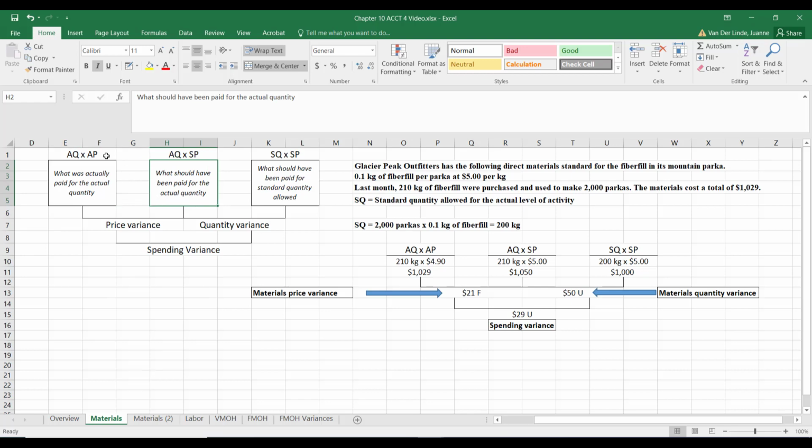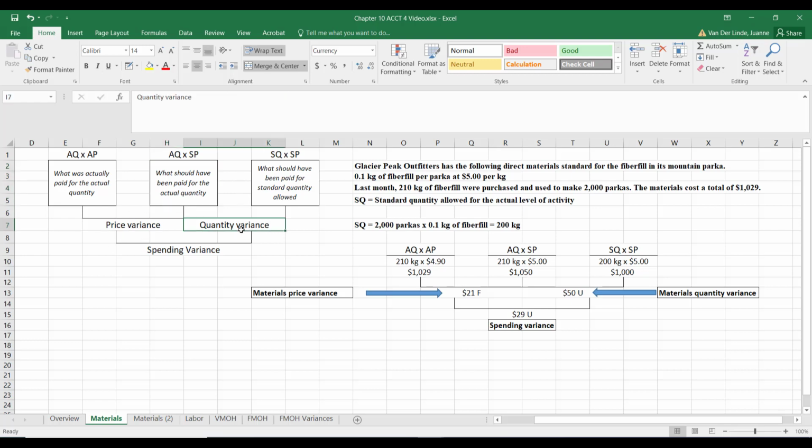To find these differences, we first take our actual quantity times our actual price, find out what we actually paid, and compare that to our actual quantity times the standard price. Essentially, what was actually paid for our actual quantity versus what should have been paid for the actual quantity. Whenever you find these differences, you always want to find the absolute value of the difference and then label that accordingly, either as favorable or unfavorable. So that's our price variance.